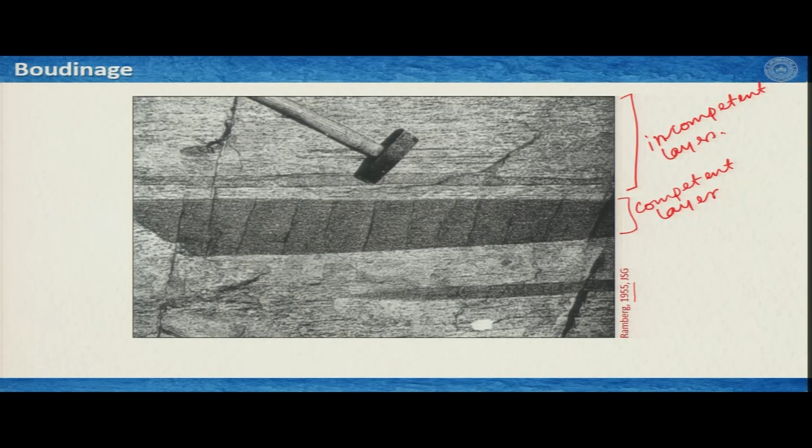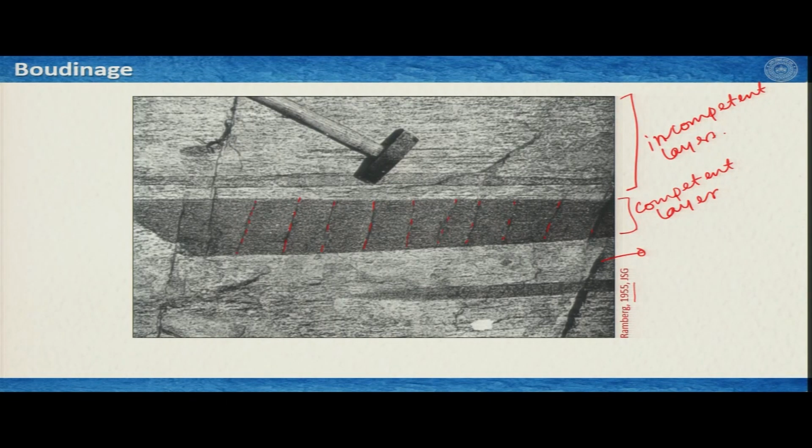You can clearly see that these fractures are concentrated only in the black layers. These are not separated yet, they are yet to be separated, but this is a very initial stage of a boudinage process.